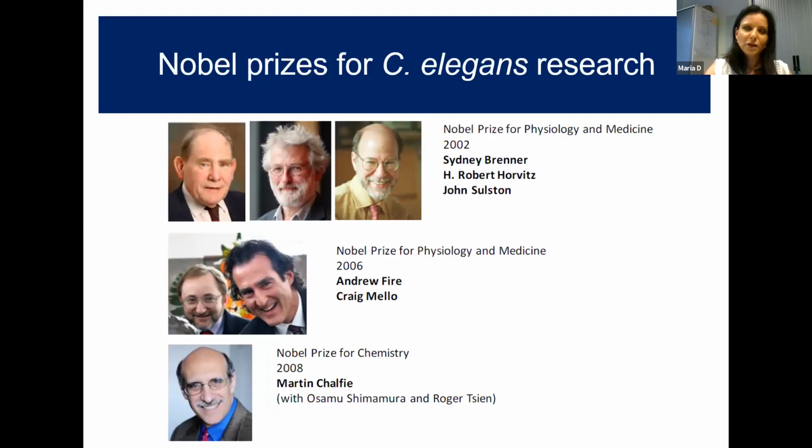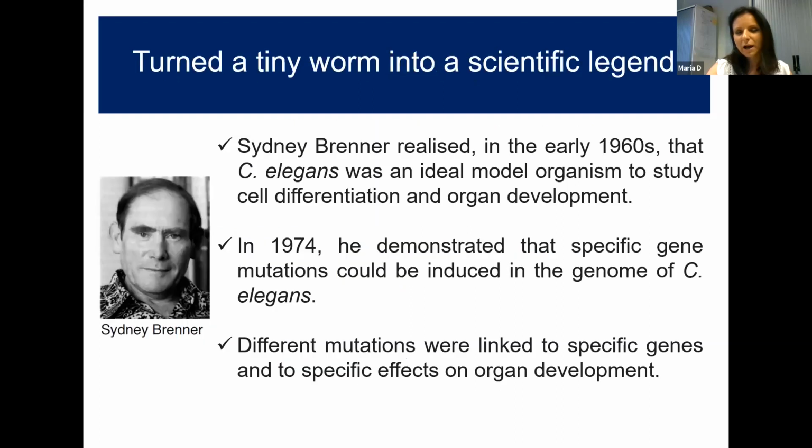But I just want to give you a brief overview, and that will be very brief, on how everything started. So Sidney Brenner is what we call the father of C. elegans. He realized very early, in the 1960s, the powerful genetic tools of C. elegans.